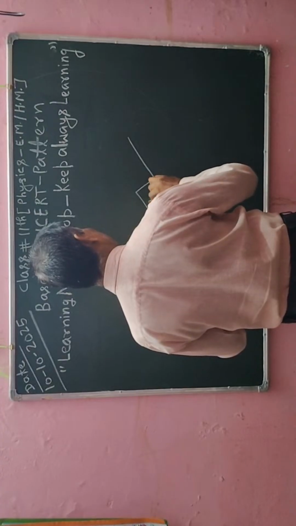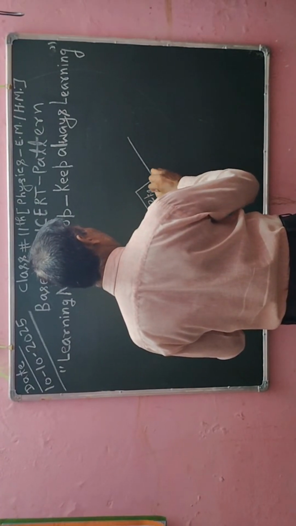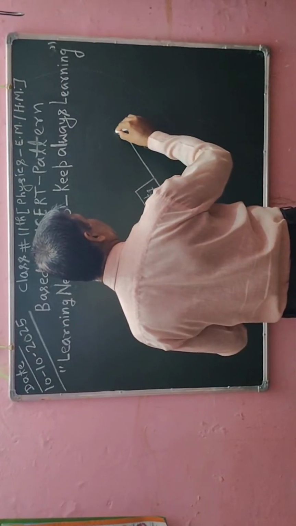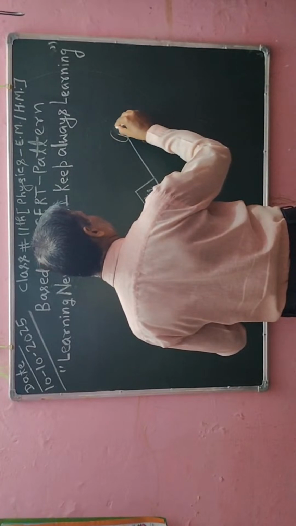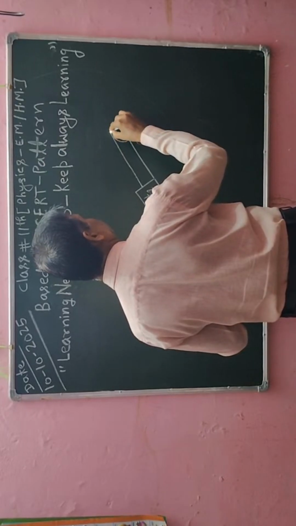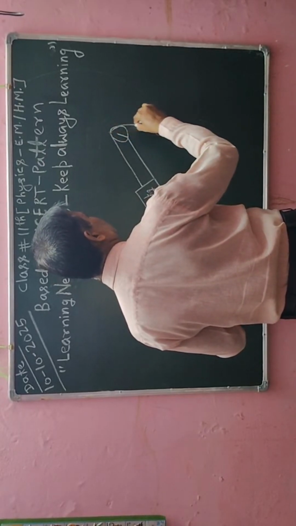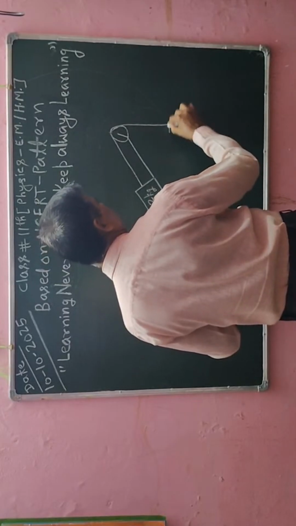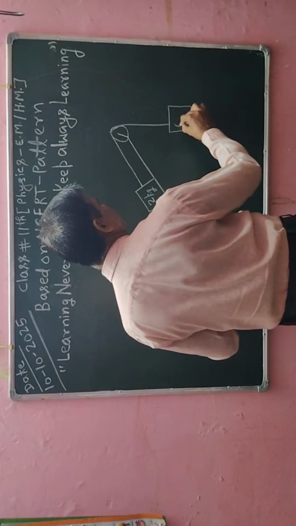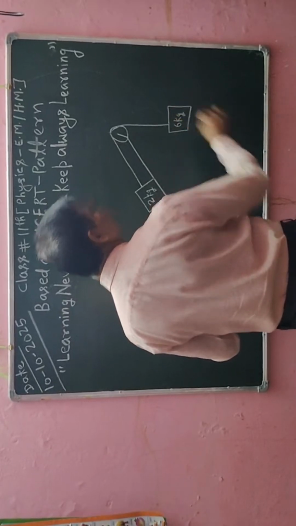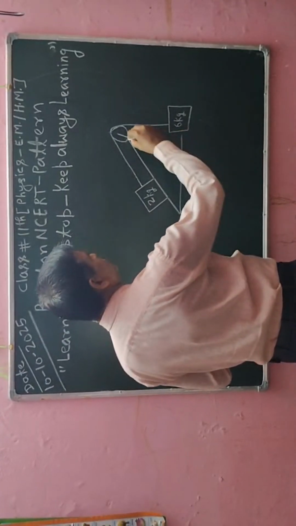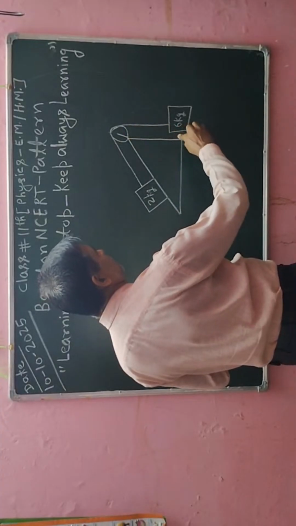Suppose that object has mass 2 kg, and I have connected this mass with a string, and that string is passing over a pulley. It is hanging downward, so it also has a mass, and the mass of that object I am taking here as 6 kg. One horizontal plane is also available, so I will draw a horizontal plane.